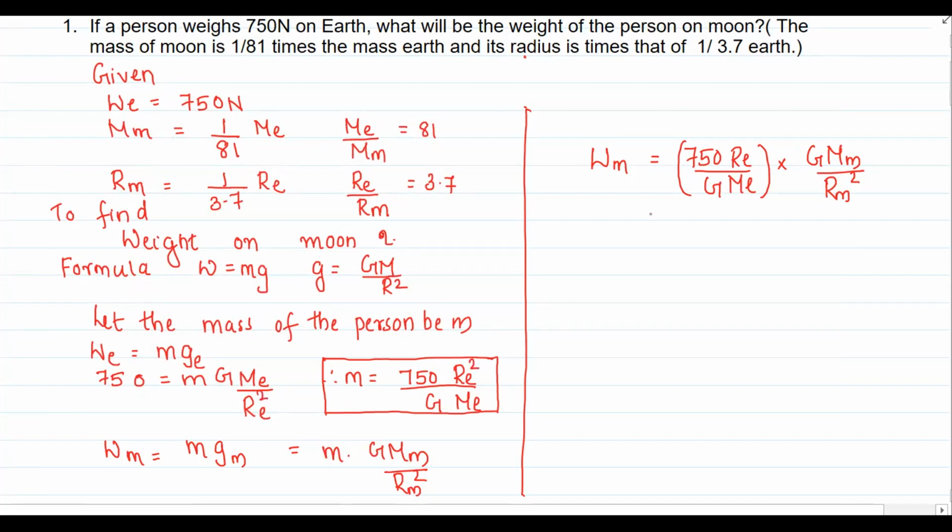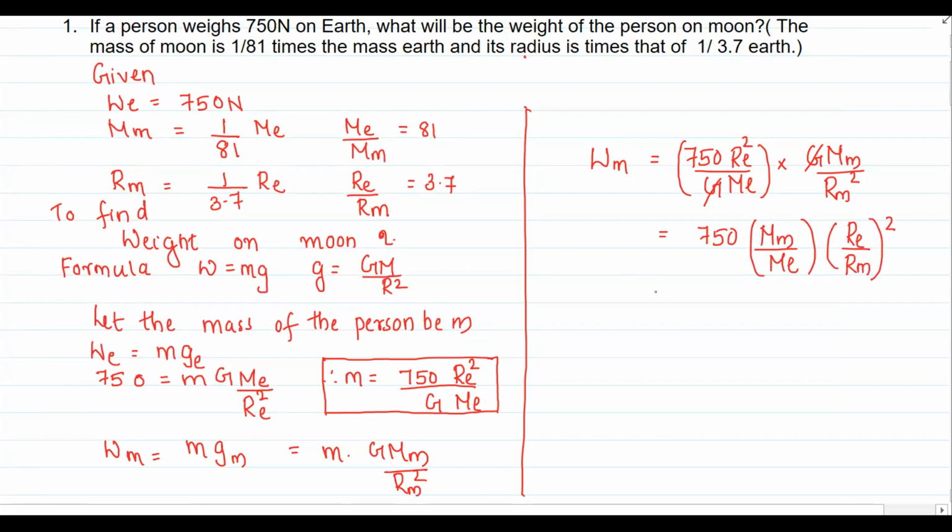Okay. Now, in this equation, we will arrange and write 750. This G and G will get cancelled. RE square here. So, I'm going to write Mm upon ME together. And next is RE upon Rm, the whole square.